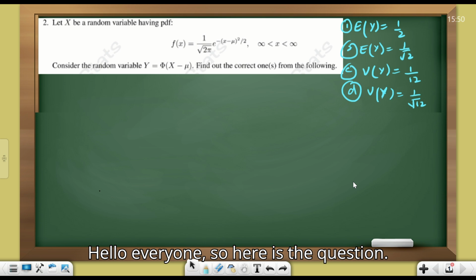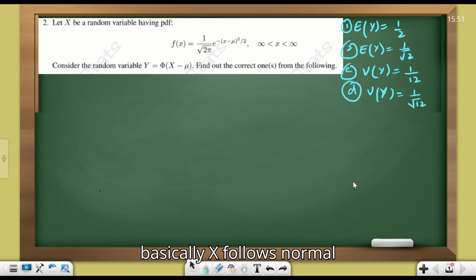Hello everyone. So here is the question. Let x be a random variable having this PDF. So basically x follows a normal distribution with mean mu and sigma square equal to 1.